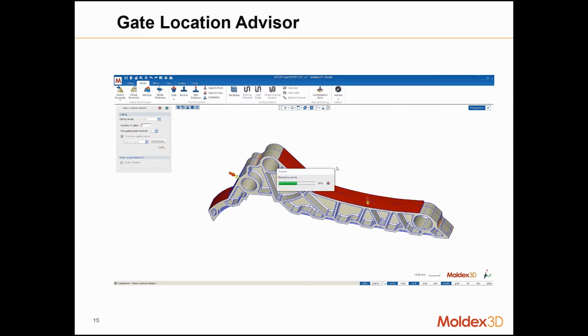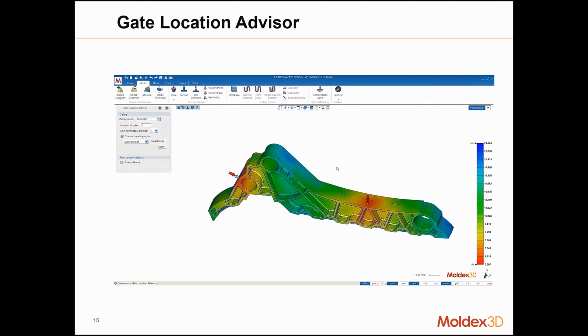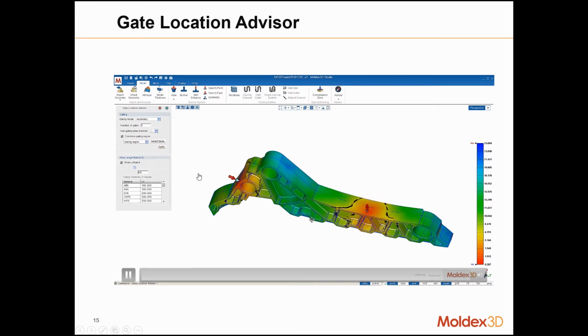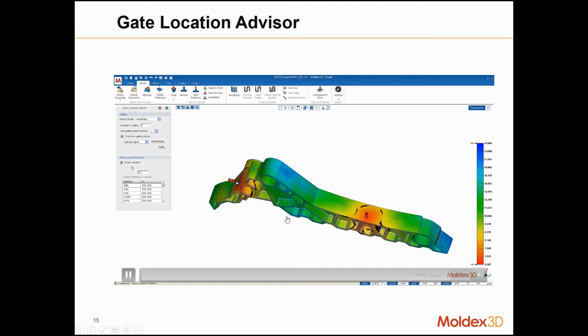It will show the suitable gate number, and then we can start to combine it with the velocity value to check the suitable flow distance. So we can just scroll the bar, and then the current velocity value will change.